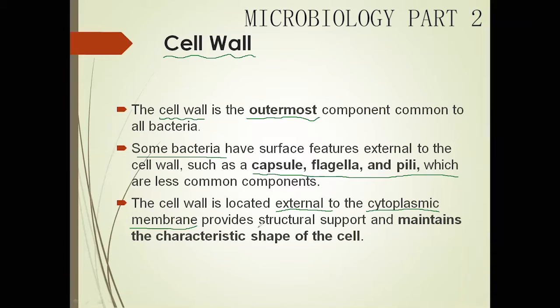So the basic function of the cell wall is maintenance and support of the shape of the cell. So that's just like a cover in there. So that's the cell wall. So cell wall is pretty simple.